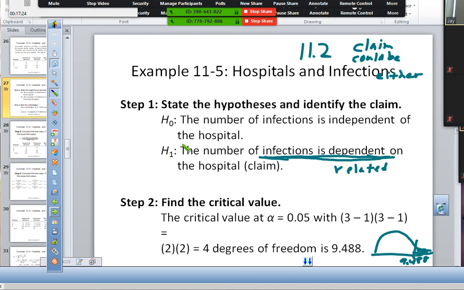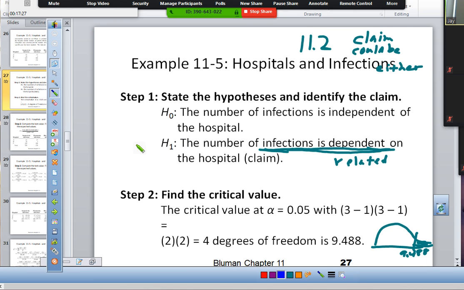And so our step 1 is going to be H naught. You could just put O sub i equals E sub i, but they put number of infections is independent of the hospital, and then H1 is the number of infections is dependent on the hospital, or it's related. So in this case, if you get a homework problem like this, it's going to want you to choose H1.